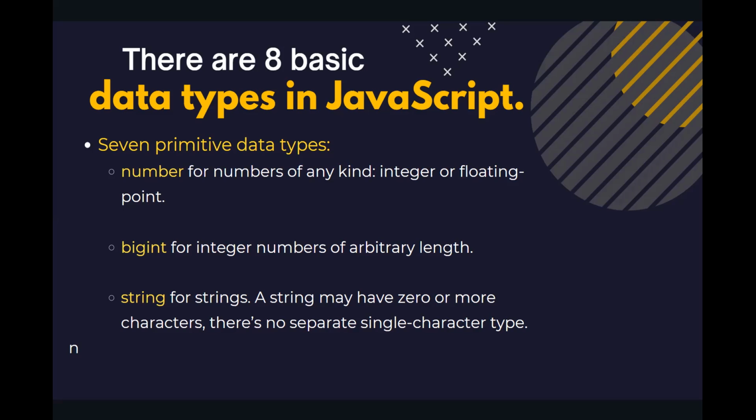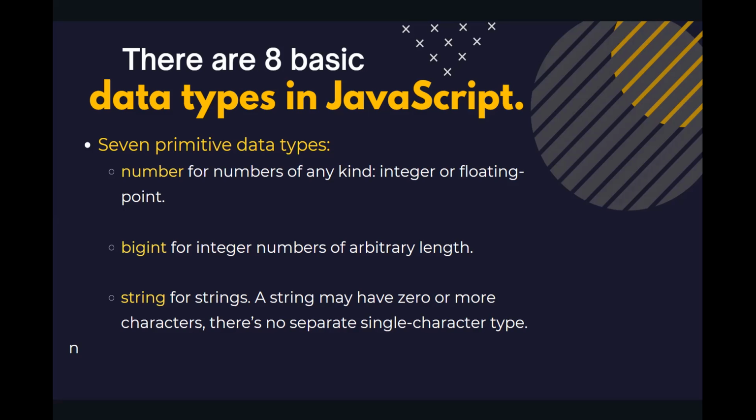String refers to characters that might be numbers, but in this case they are enclosed in quotation marks. When you have number, you're able to perform mathematical operations, which we will see practically. If you have a value of 1 and 3 without quotation marks, you can say 1 plus 3 and get 4. However, when 1 and 3 are in quotation marks, you cannot perform any mathematical operation on them.